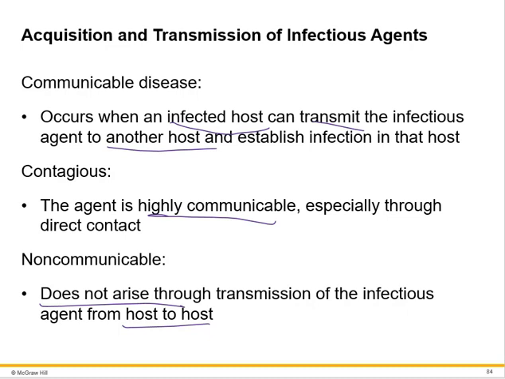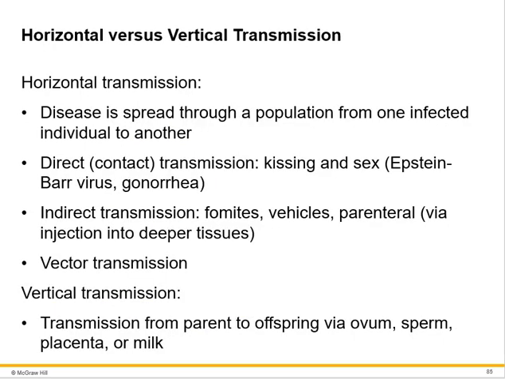And C. diff infections, we don't typically think of that as communicable because it arises from an endogenous infection. It's like in you already. A yeast infection is usually the result of overuse of antibiotics, which wipes out your normal flora, and then this endogenous microbe is able to grow out of control. So that's non-communicable.